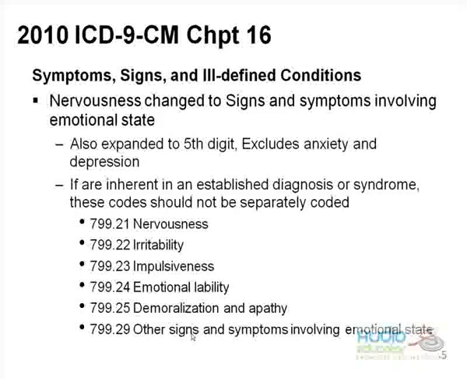These codes specifically exclude anxiety and depression. Those codes would be reported back in the 300s, the mental illness section. These are, again, signs and symptoms, and if they're considered an integral part or inherent to an established diagnosis or syndrome, we're not going to separately report these.